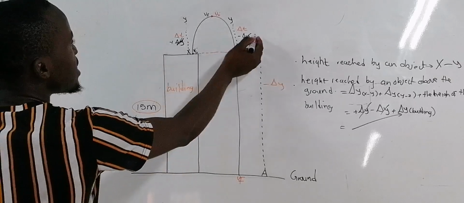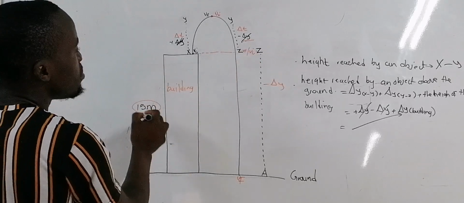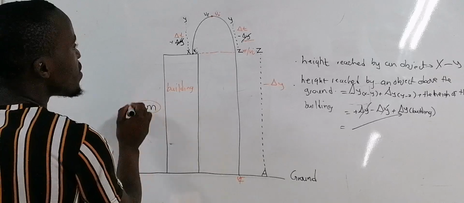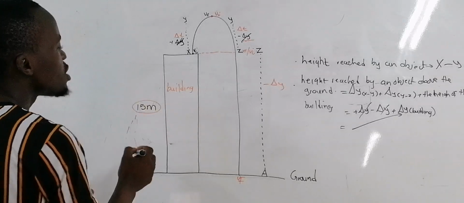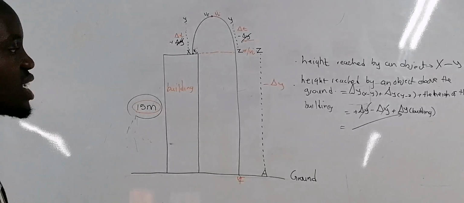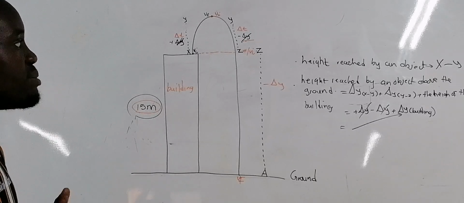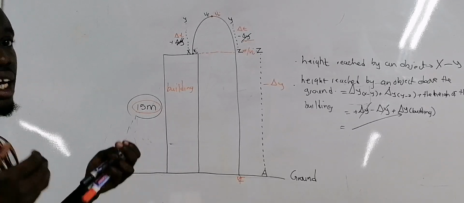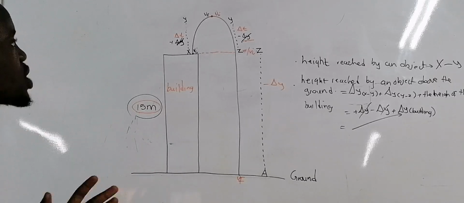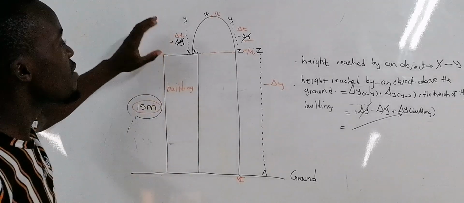You add this and this and the height of the building, so these are going to cancel. The height reached by an object above the ground becomes the height of the building. I don't know if you understand, guys, but that's very, very important for you to know. I hope that I tried my best to explain this. Make sure that you understand it. It's very important for you to do so.